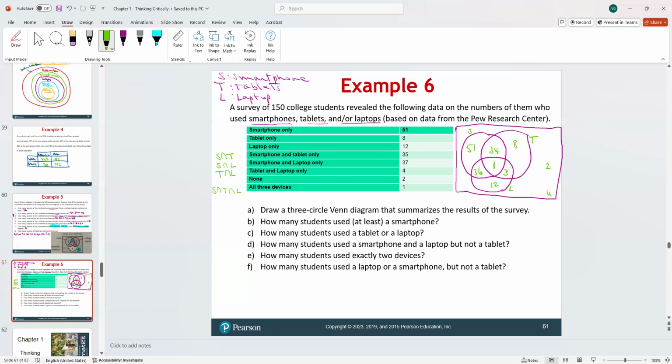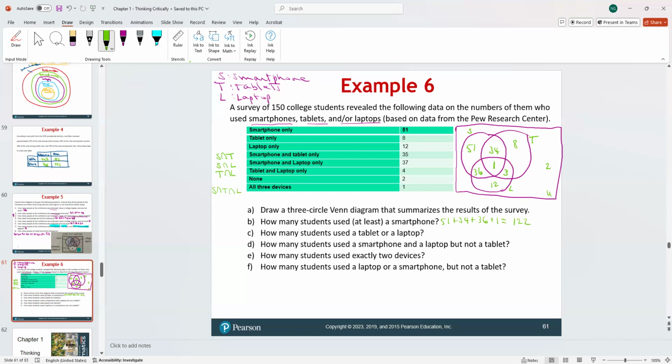How many students list at least a smartphone? 51 plus 34 plus 36 plus 1. I'm going to grab my calculator because I don't have these answers. I have 51 plus 34 plus 36 plus 1. That makes 122. Okay, that's 122.